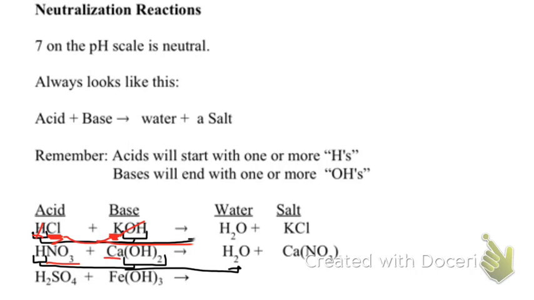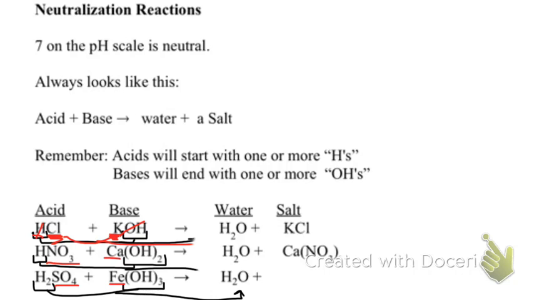Okay, so last problem. Take all my leading H's, all my trailing OH's, and they're going to make a water. Then we have to look at what I have left over. What I have left over is Fe and SO4.